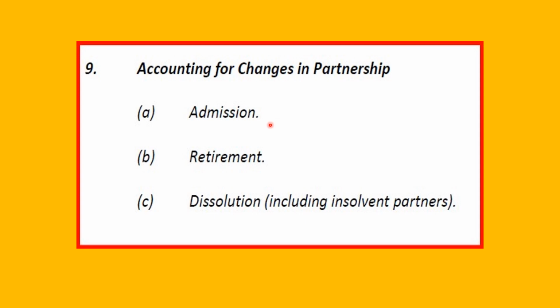He could buy part of one of the partner's share, or there are the 2 methods of doing that: the goodwill method and the bonus method, right? So you'll have to look at those things rather than the simple way in which we did it for CSEC.